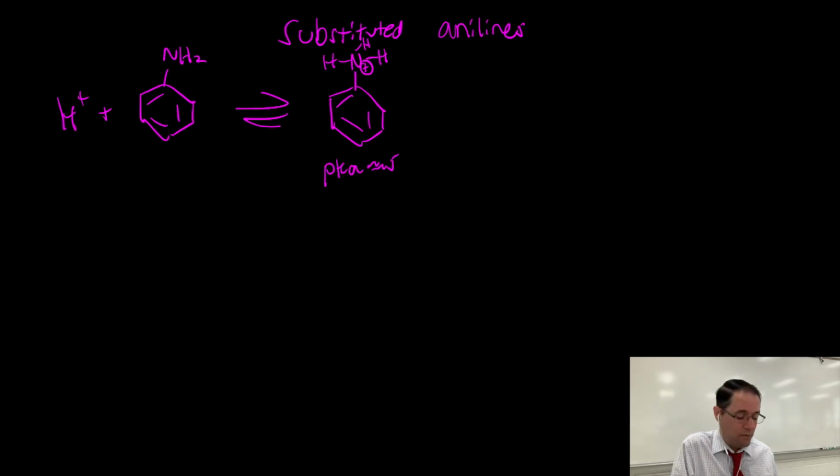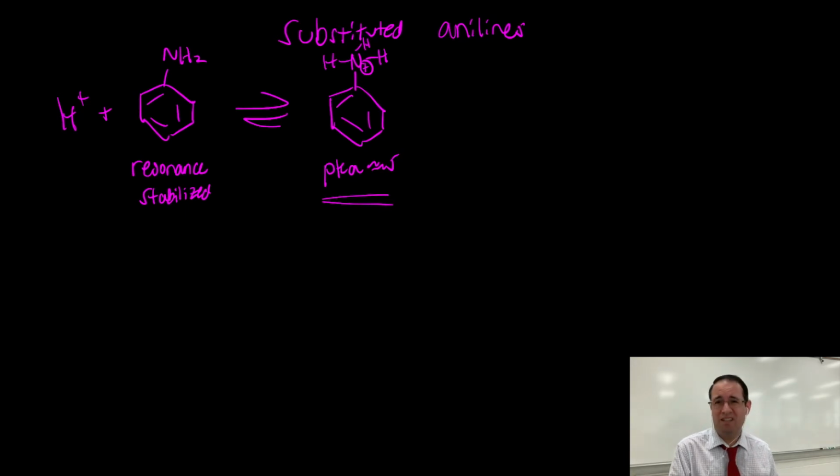All right, and we said that the pKa here was about 5, okay? 5, nice round whole number, okay? And that's for aniline. And we talked about why it would favor the molecules on the left, because the aniline is resonance stabilized. Okay. Another way of thinking about it is that this structure is angry because the positive charge is just localized just on that nitrogen. It's not spread out, okay? We can't move the positive charge around the ring, okay? We can't delocalize the positive charge.